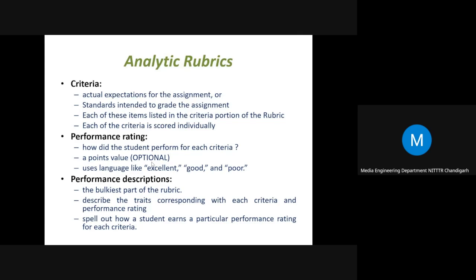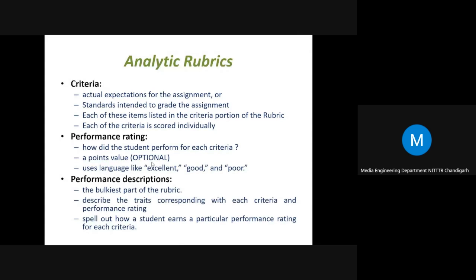It's a general term. We see what the actual expectations are for that student work, and then we list the various intended characteristics, and those characteristics constitute the criteria points.